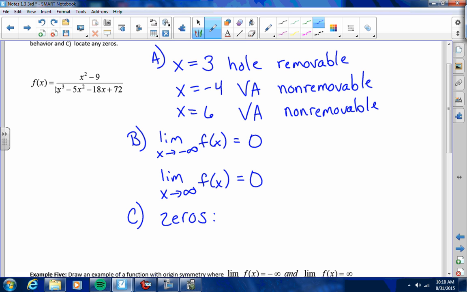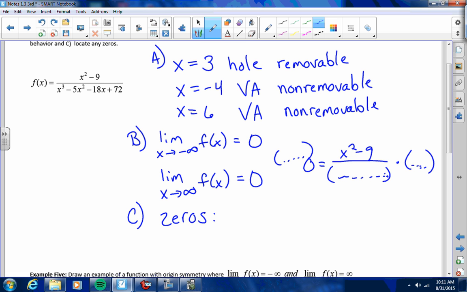I'm going to factor. Okay, that denominator is going to be tough to factor, but we always let y equal what? 0. So if y equals 0, 0 equals x squared minus 9 over that huge long thing. I would want to get that denominator out of there. So I multiply both sides by that long denominator, right?